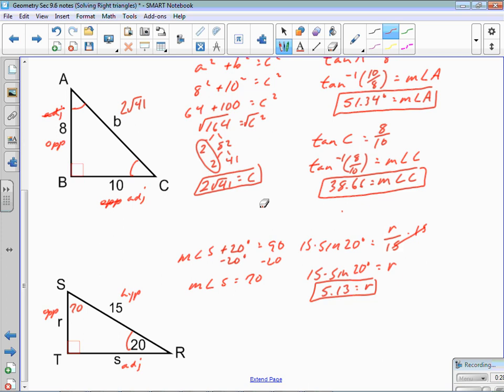And then for S, it's the adjacent side. So we're going to use the adjacent and the hypotenuse, which is going to be cosine. So cosine of 20 degrees is going to equal the adjacent side S over the hypotenuse, which is 15. Multiply by the 15 to get S by itself.